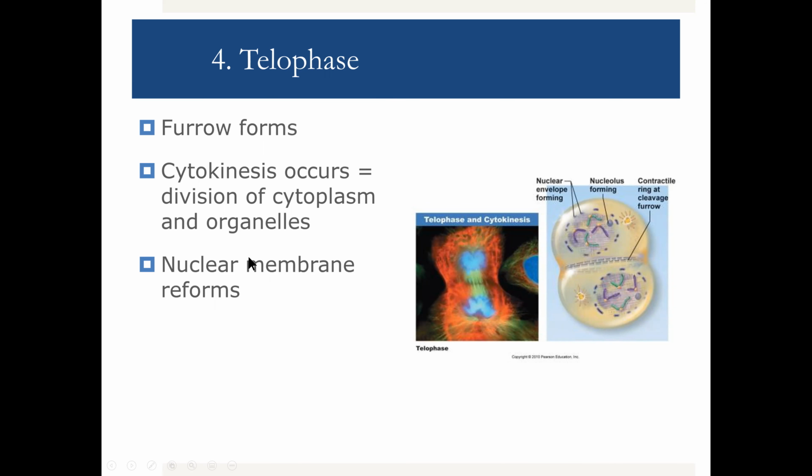But if you happen to see it, there it is. Cytokinesis technically talks about the division of the cytoplasm and the division of the cell organelles. So part of the mitochondria are going to go over here, part of the mitochondria are going to go over there, endoplasmic reticulum, lysosomes, and cytoplasm is going to be divided, okay?